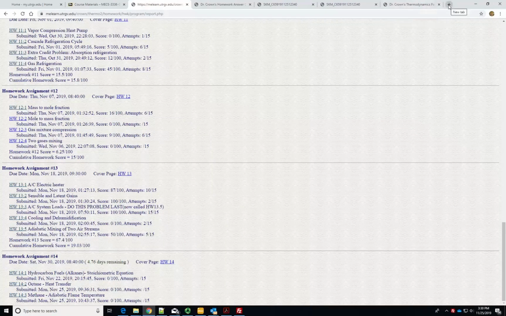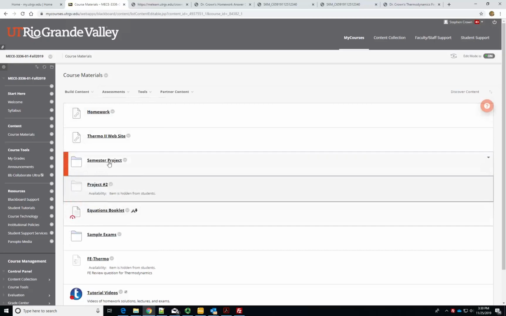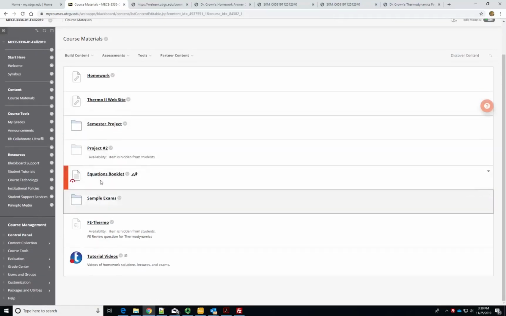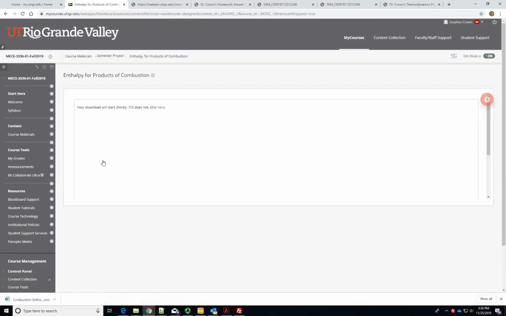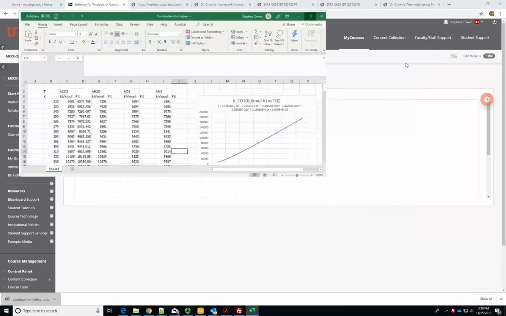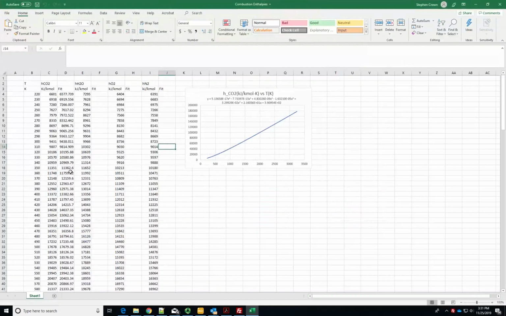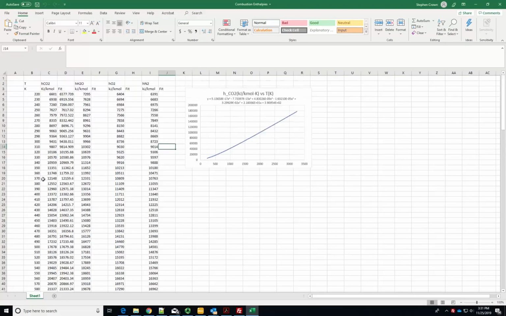Let's make a new page. Actually, I think I have it on my website, the Blackboard site. If I go to semester project and enthalpy for products of combustion, I'm going to download this, open it, and I've got for CO2, the first column here is temperature, and let me just lock this.